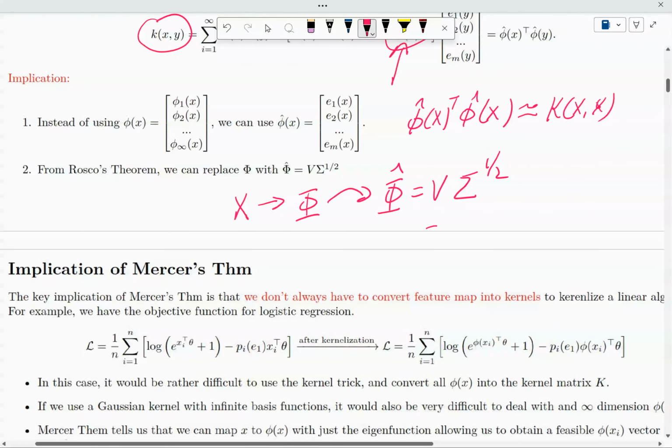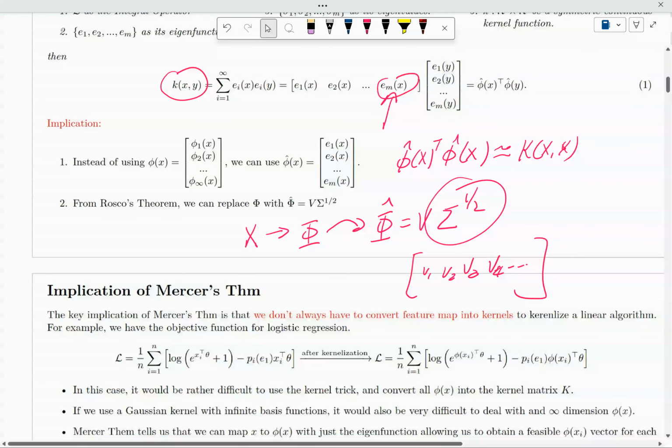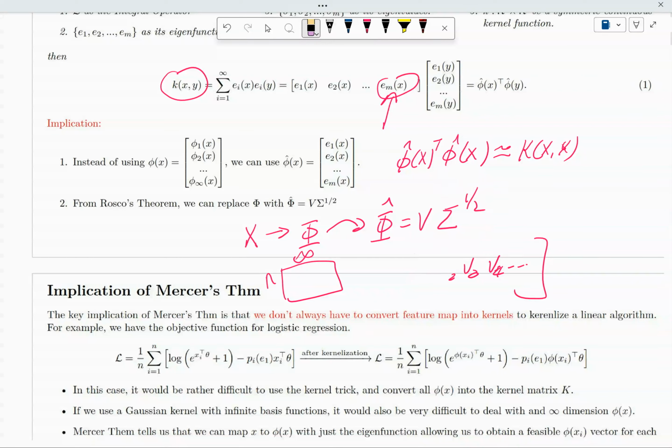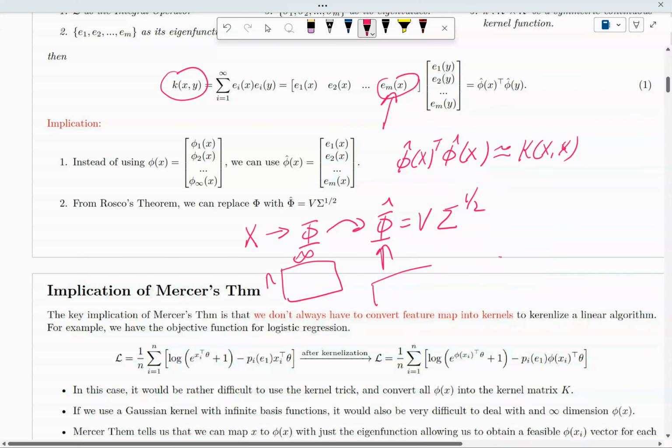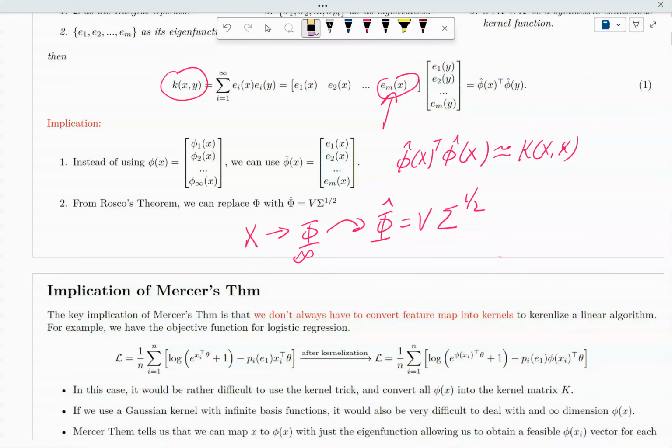So what is V? The columns of V are the eigenvectors of the kernel matrix, and these are the eigenvalues. You want to refer back to the previous lecture if you don't remember. So the advantage is that this matrix here was n by infinity, whereas this matrix here is n by m. So this is possible, while n by infinity is obviously not possible. That's a really key implication.